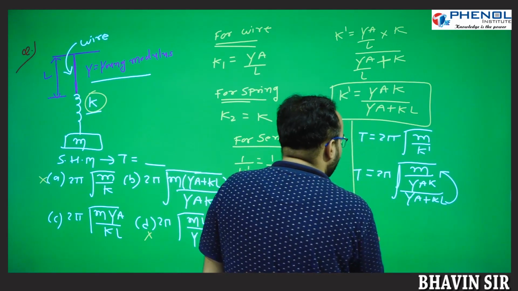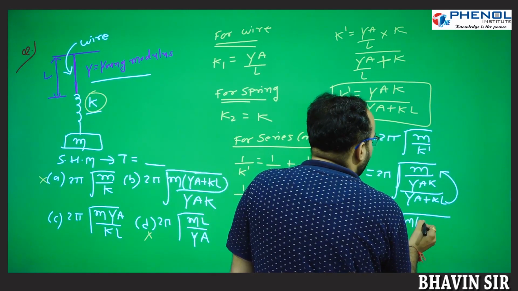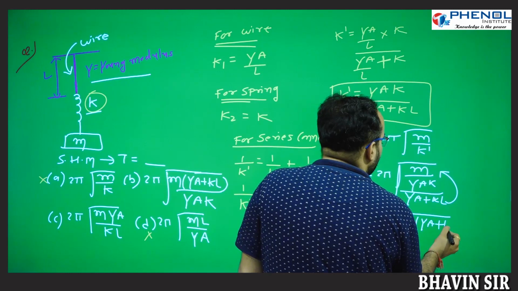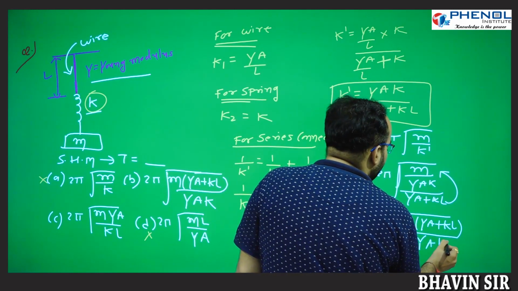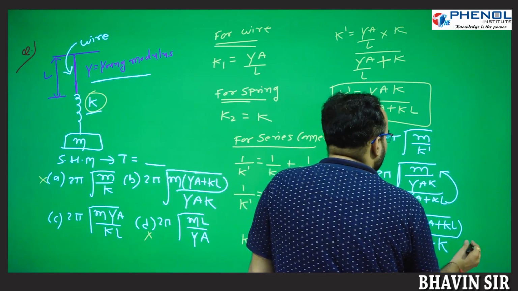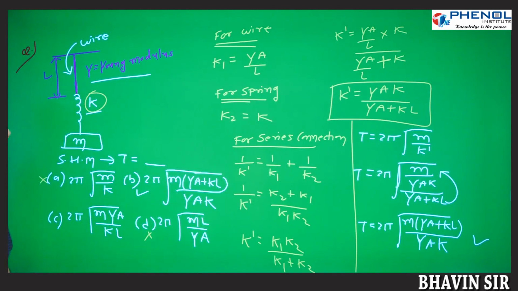Now this is in multiply, so YA plus KL upon YAK. Okay, so option B is correct.